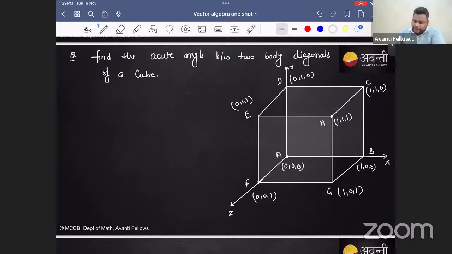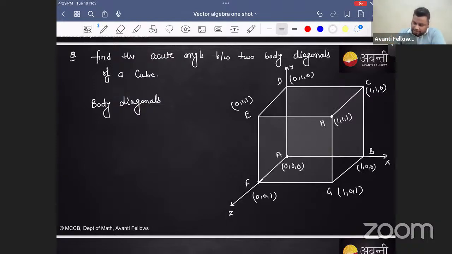Now see, body diagonals are what? Body diagonals are like if you join two vertices of the cube or cuboid, they do not pass through any face of the cube, they just be in the air.